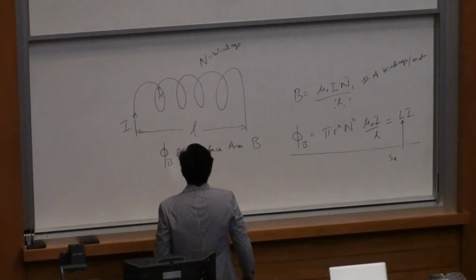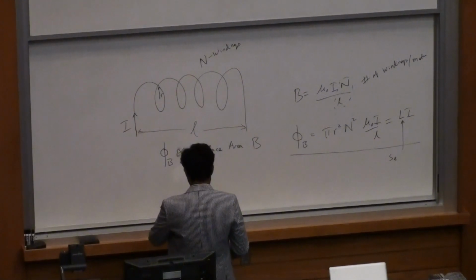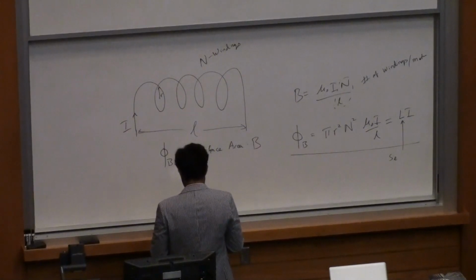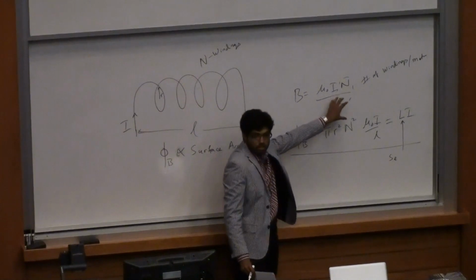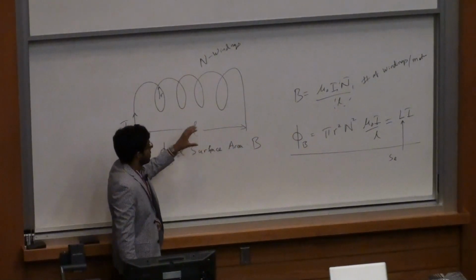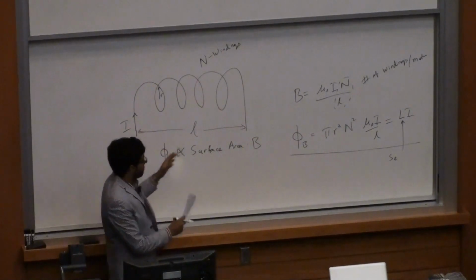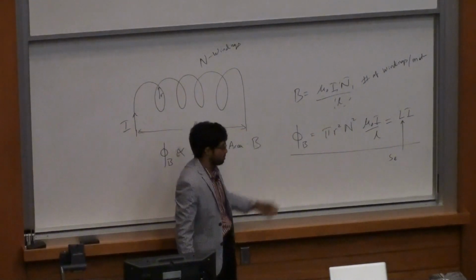That's a good question. It is squared. This magnetic field itself has N in there, and we have a number of loops. If you take one loop, you have this magnetic field because you're looking at the density of windings per length.